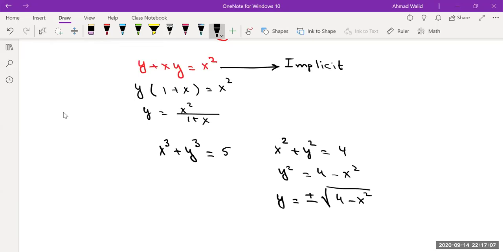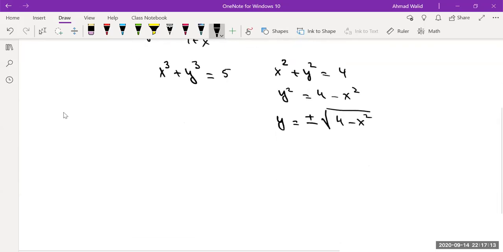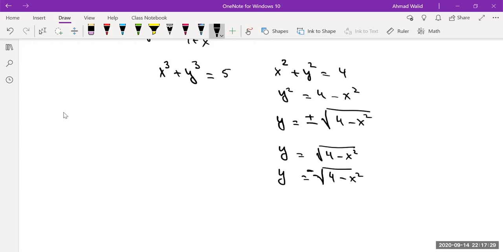If you focus on the plus minus, actually you see two functions. One of them is y equals the positive square root of 4 minus x squared, and the other one is y equals the negative square root of 4 minus x squared. Actually, an implicit equation gives you more than one function.